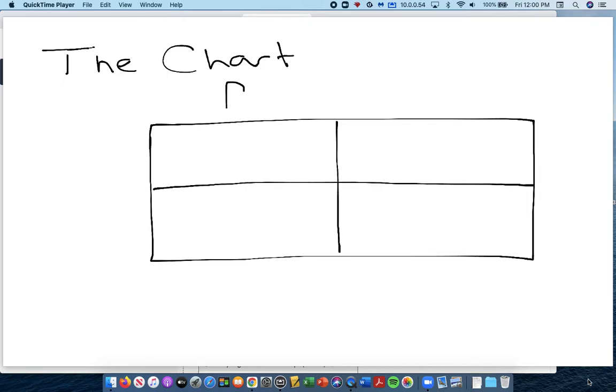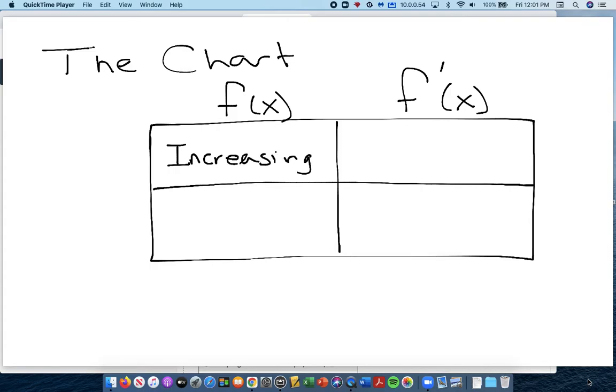And I want you to label this f of x, and I want you to label this f prime of x. Okay? And think about what we talked about yesterday: when f is increasing, f prime is positive.